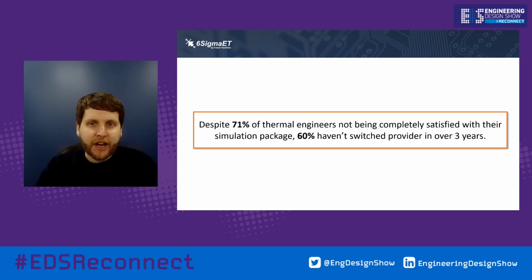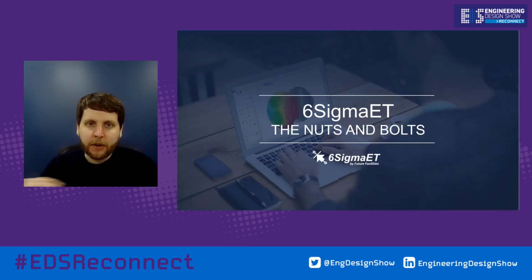And there's a bunch of thermal simulation tools on the market. It's really important that you take a look at modern tools like Six Sigma ET because we've got new capabilities, much easier to use and faster performance that the other tools on the market don't necessarily have. So let's dive into a little bit more detail about Six Sigma ET.